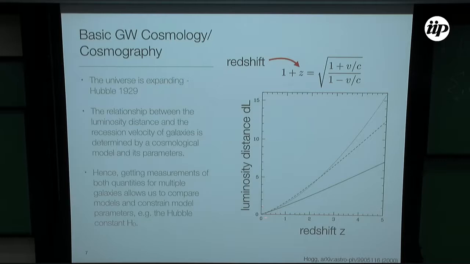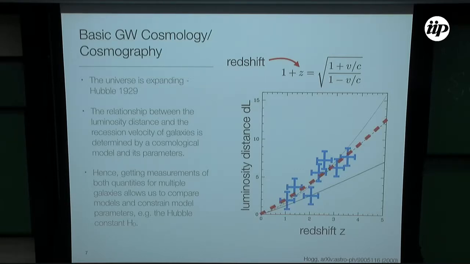The line relating the redshift and luminosity is a function of the cosmological parameters, and here are a few curves for different cosmologies. If you make some measurements, here's a bunch with error bars, made from gravitational wave observations, then you will fit a curve.